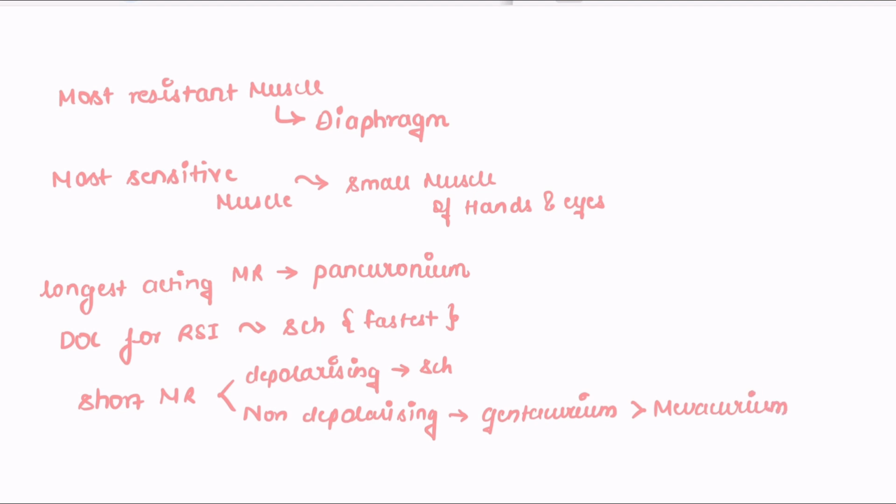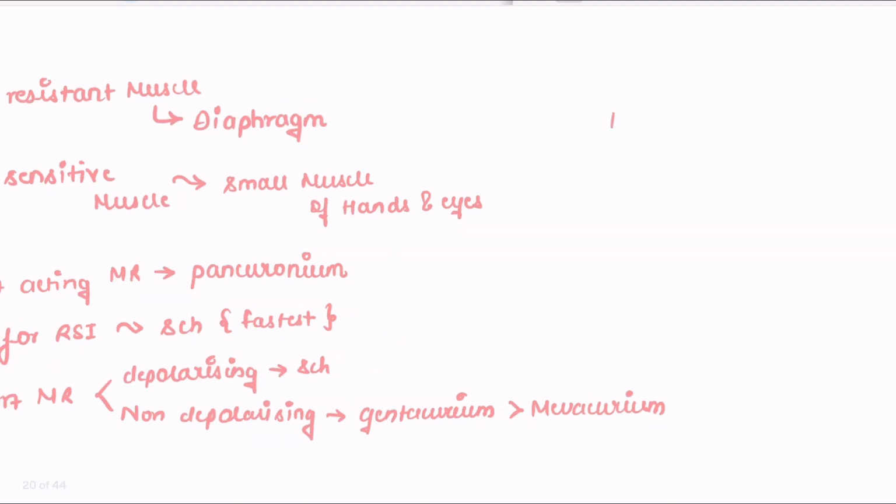Overall, the shortest acting is succinylcholine. The most cardiostable muscle relaxant is vecuronium.